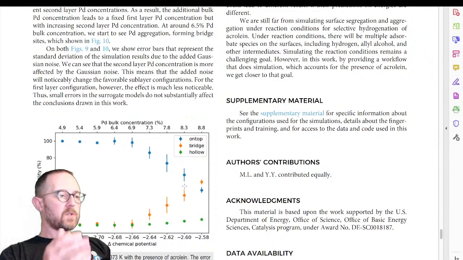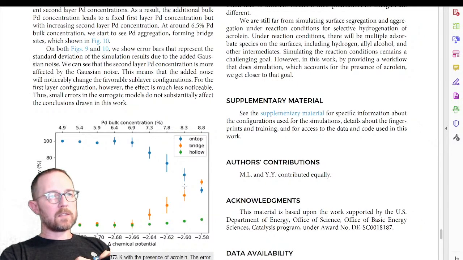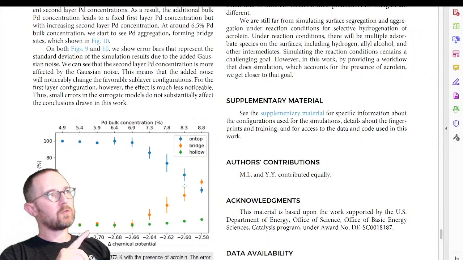So the end result of this work is we had to make a lot of compromises in how we would simplify and approximate all of the interactions for alloy segregation and for adsorbate induced segregation.